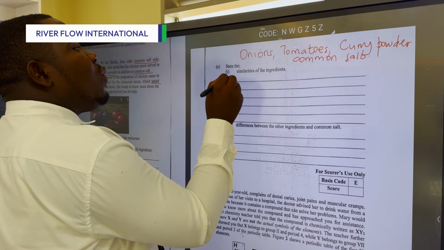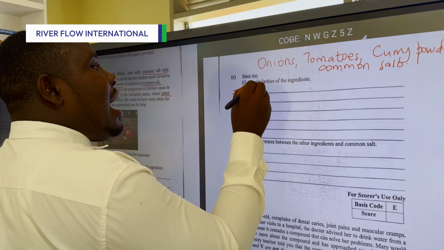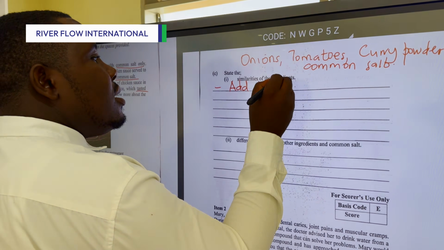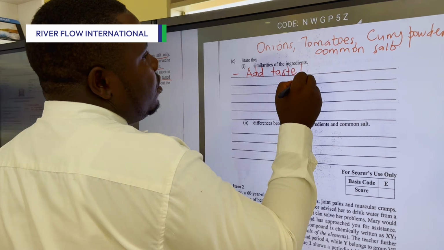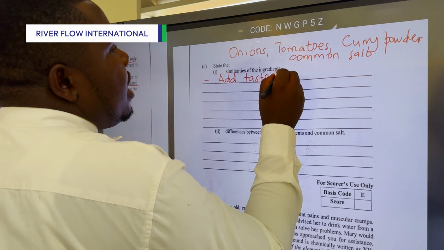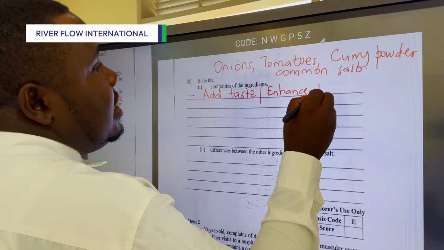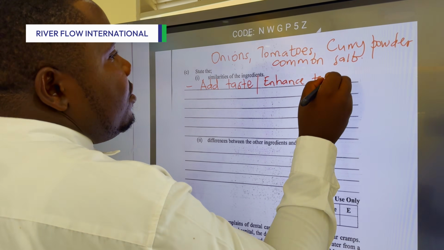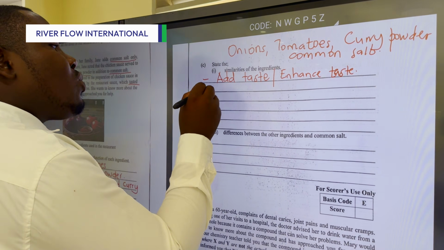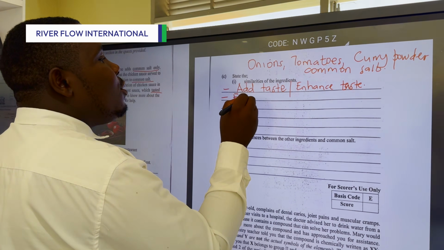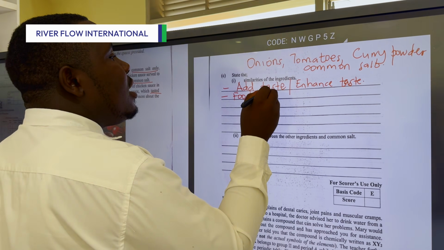Number one, we have seen that all of them add taste to food. They add taste to what? To food. In other words, they enhance taste in food. That is one. Number two, we have realized that all of these are food additives.